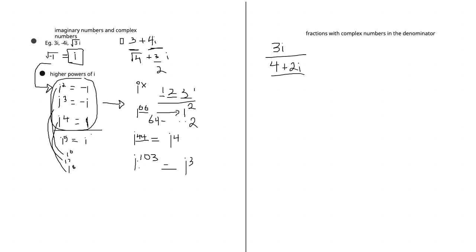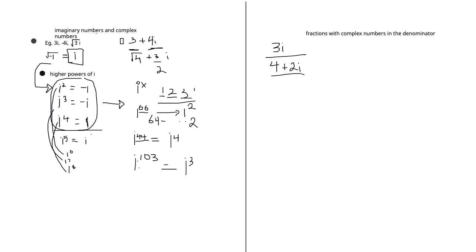Now, what you do is that you multiply the denominator by its conjugate. So we have what we call the conjugate complex number. The conjugate complex number is the same thing, but you negate the sign here, making it negative 2i. So this is what you do.